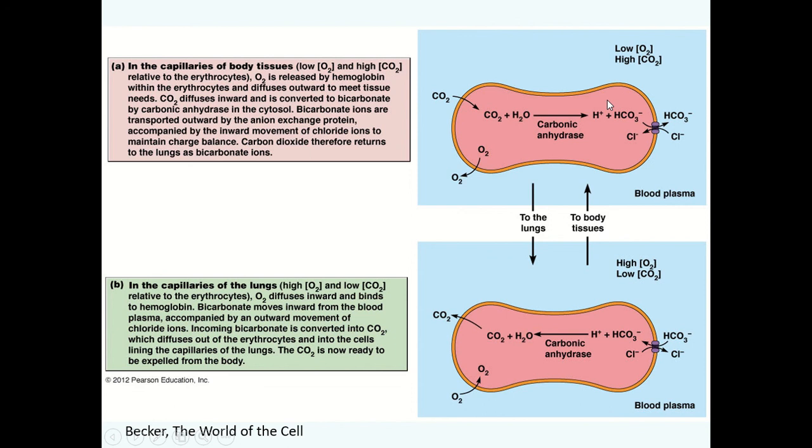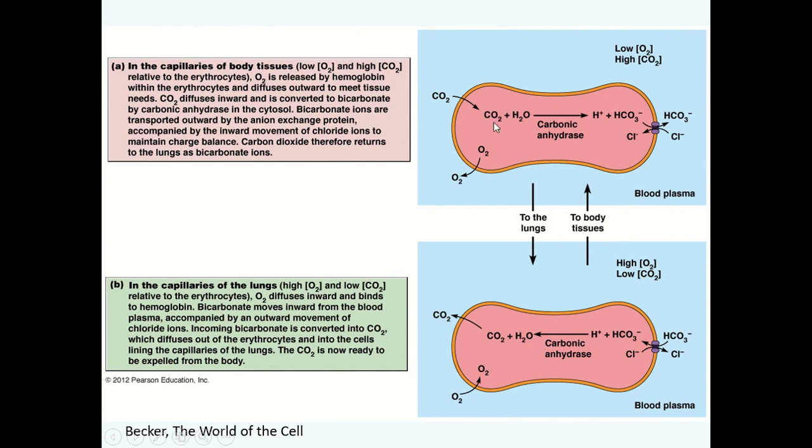There are several ways for the transport of carbon dioxide. Some carbon dioxide is transported as a gas, as carbon dioxide gas. But this is a very small proportion of carbon dioxide which is transported as gas through blood. Much of the carbon dioxide is transported in form of bicarbonate ions.